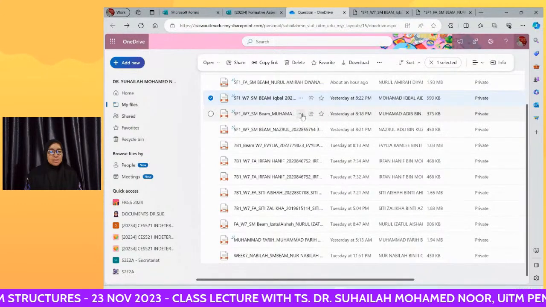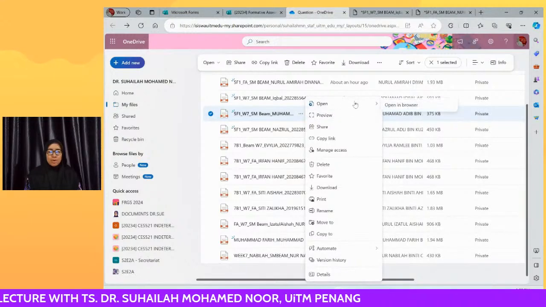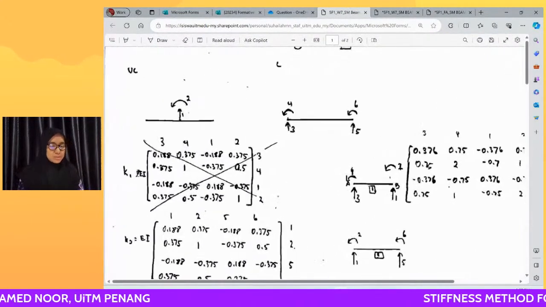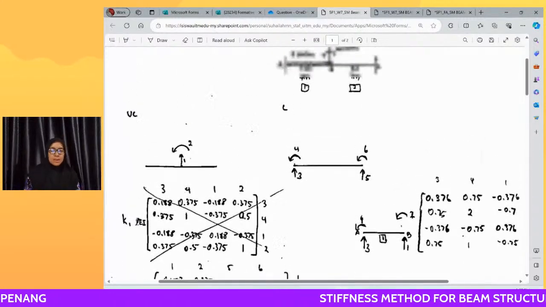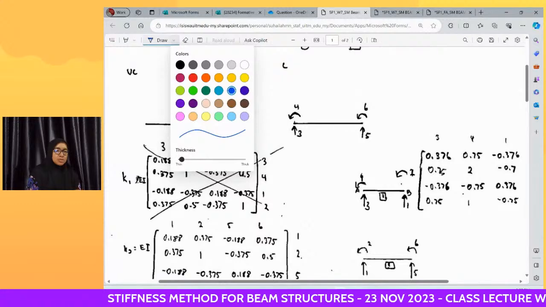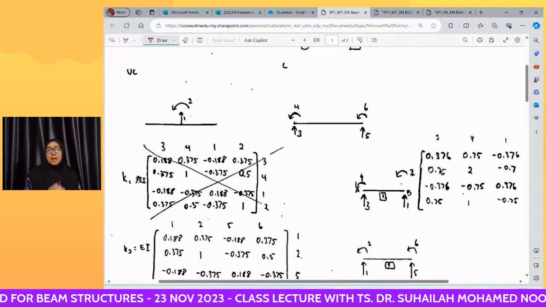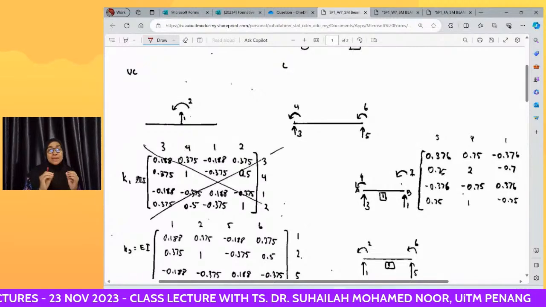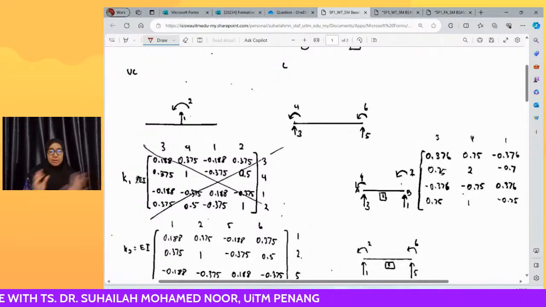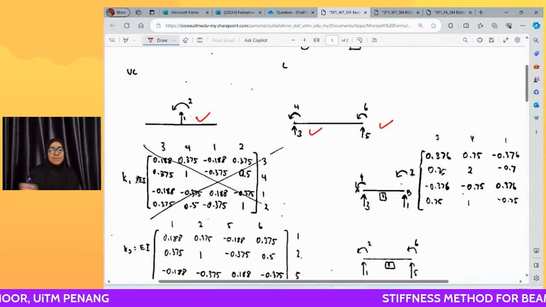Next one, Muhammad Adib. Every time, always start by drawing the degree of freedom labels separately, unconstrained and constrained. 1, 2 here, 3, 4, 5, 6.